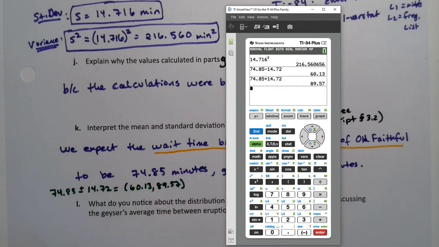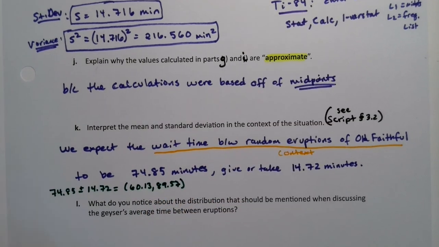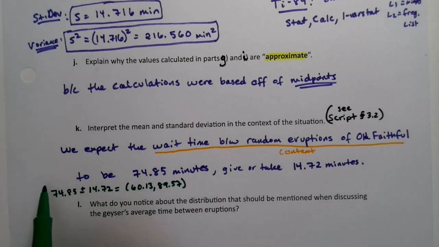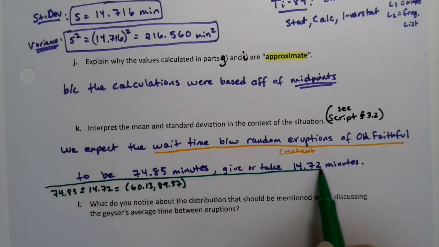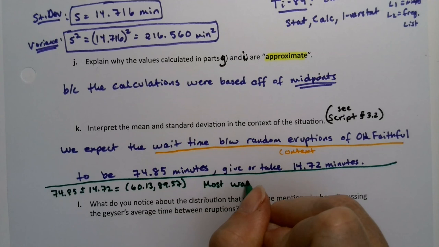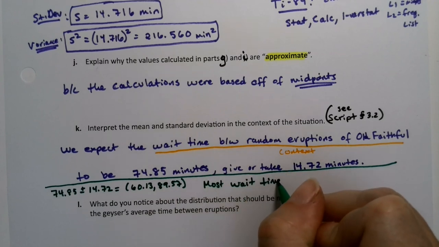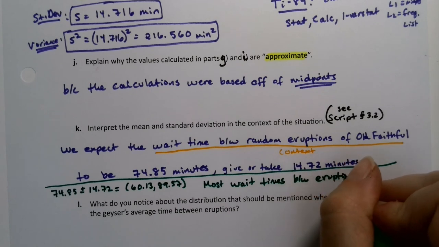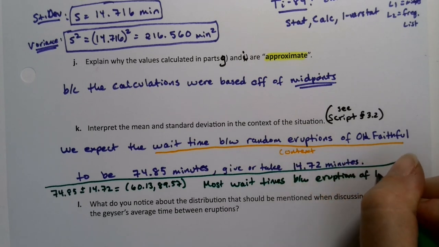So that's another way we can interpret this. We could say, hey, most wait times, actually I'll do it in green here, between eruptions of Old Faithful.